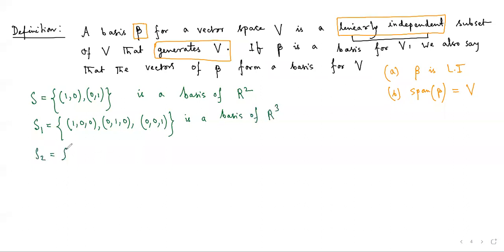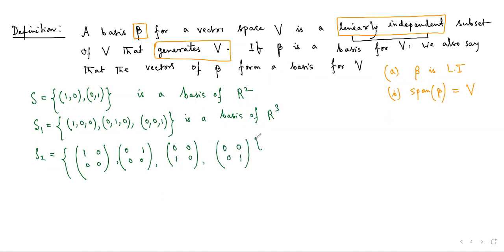S2 = {(1,0,0,0),(0,1,0,0),(0,0,1,0),(0,0,0,1)} is a basis of M2x2(R), and so on.